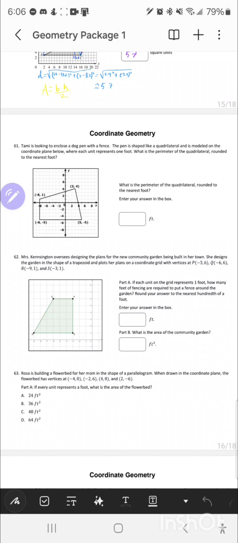So 61. Tammy is looking to enclose a dog pen with a fence. The pen is shaped like a quadrilateral and is modeled on the coordinate plane below. Where each unit represents 1 foot, what is the perimeter of the quadrilateral, rounded to the nearest foot?